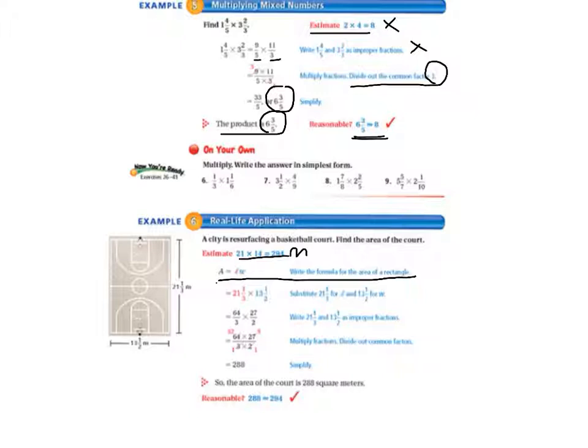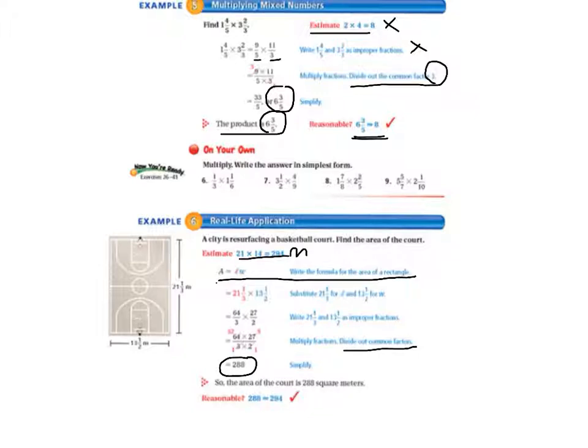Multiply fractions and use our shortcut of dividing out common factors. So the 3 goes into 27 9 times, basic multiplication fact, and 2 goes into 64 32 times. So when you do that, you end up with much easier math, and 32 times 9 equals 288, and you have a 1 on the bottom.